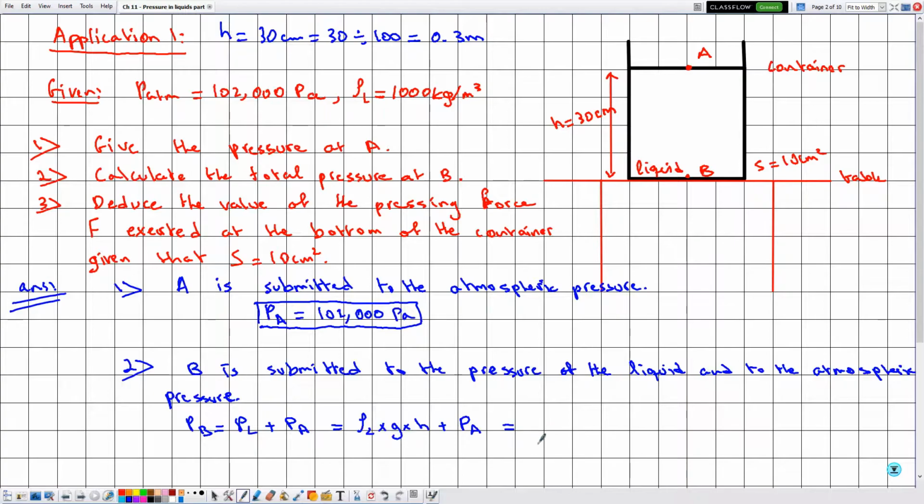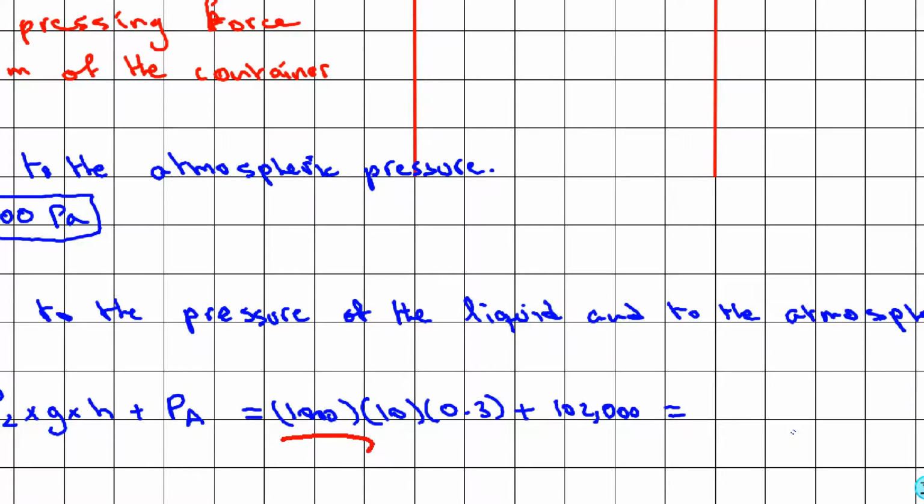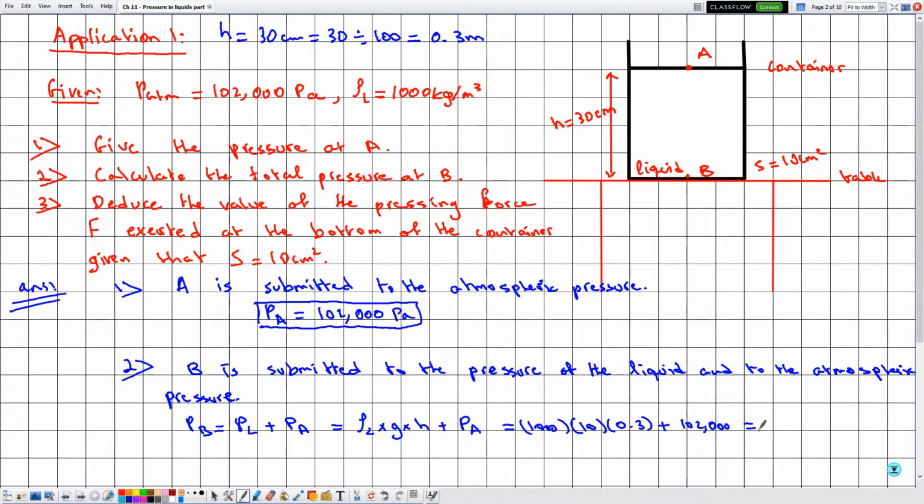Now the density of the liquid is given by 1000. The value of g is given by 10 and the value of h is given by 0.3 in the SI, plus the atmospheric pressure, which is given by 102,000. Then it is 3000 plus 102,000.